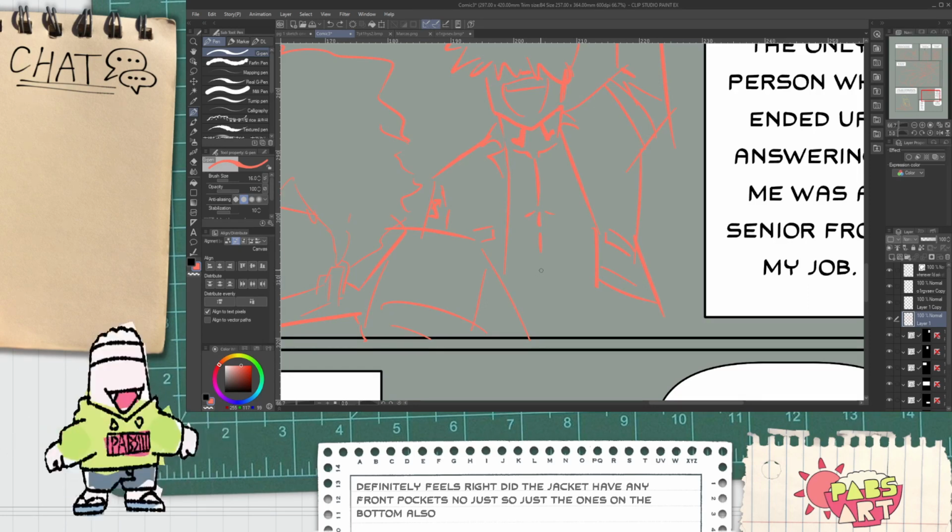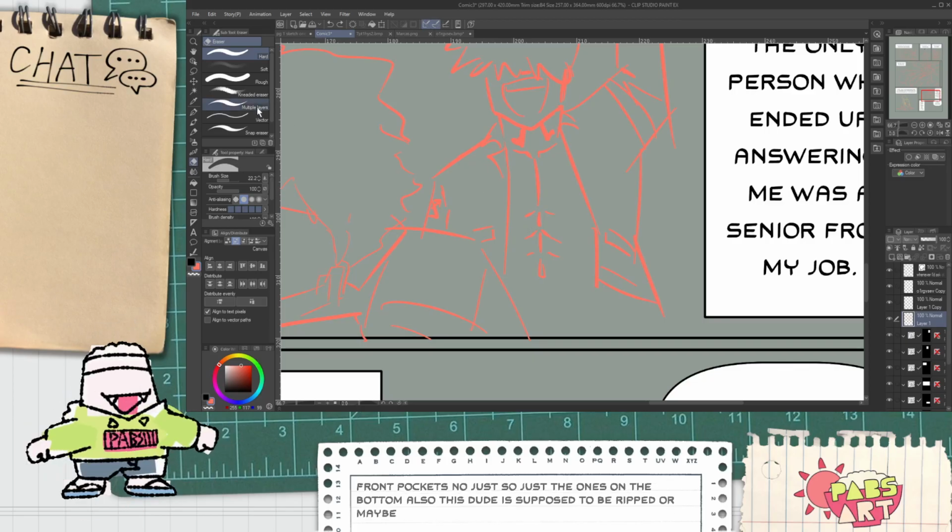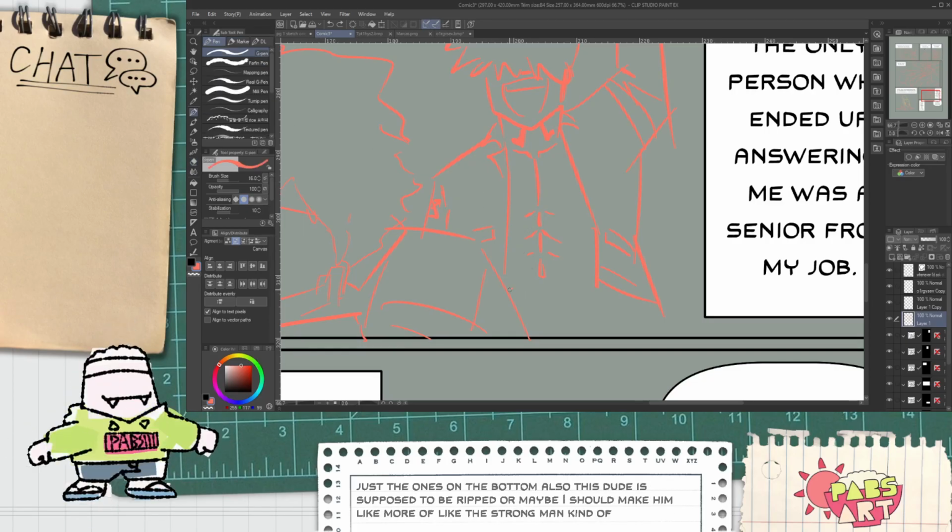Also, this dude is supposed to be ripped. Or maybe I should make him more of the strongman kind of fat. I don't know.